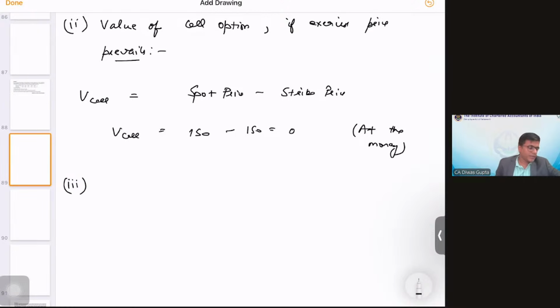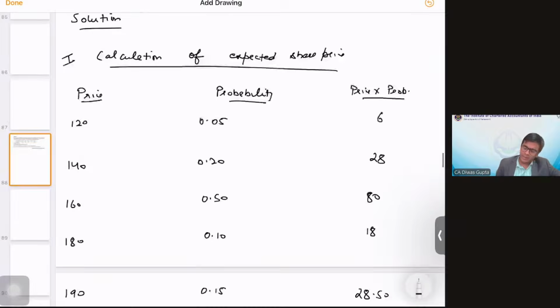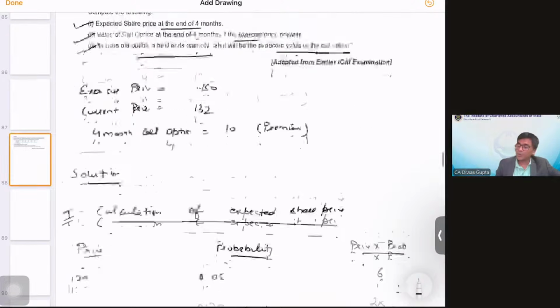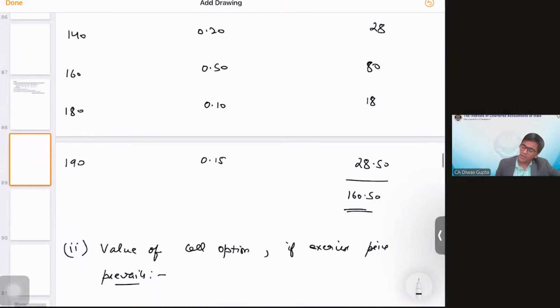The third part. In case the option is held to maturity, what will be the expected value of the call option? Now, students, we have already calculated. I have a question. Why did we take the strike price as 150 in the second part?